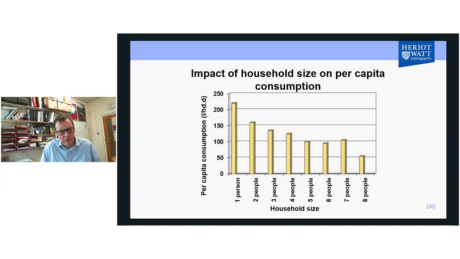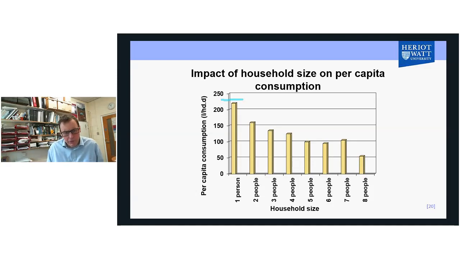The size of the household can have a significant impact on water supply. So here you have per capita supply. One person living in a house by themselves is using around 250 litres per person per day.